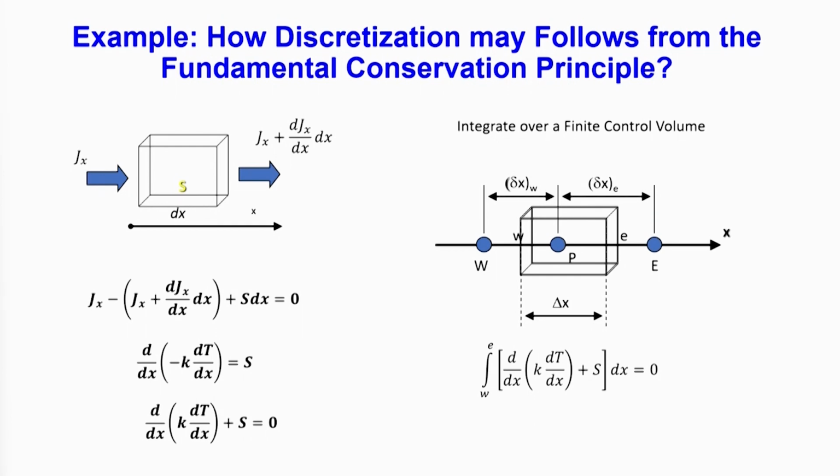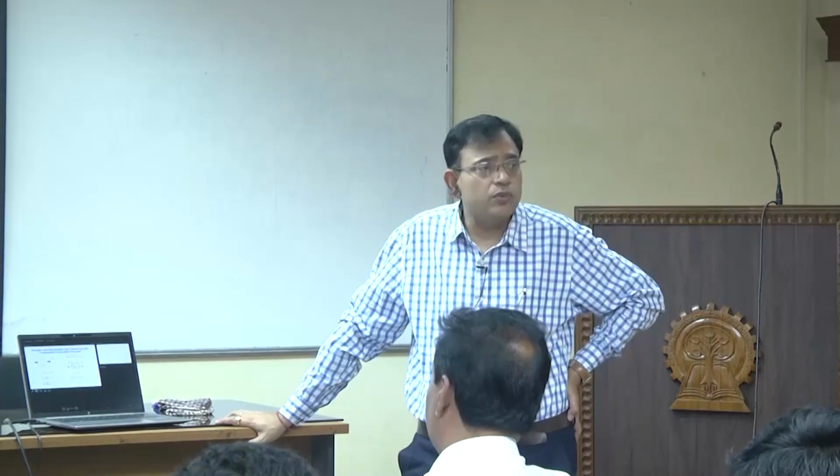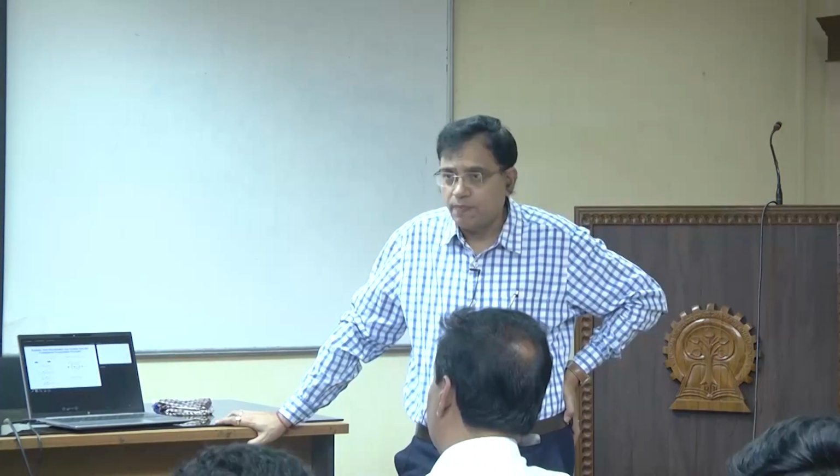We will start with this simple thing because it follows from the conservation principle. The simple situation will always give you a complete feel and grasp of the method, whereas if you start with the complexity of a problem, you will get completely lost. So, in the finite volume method, we break the domain into a number of subdomains which we call control volumes, and control volume you know very well, we have talked about that.